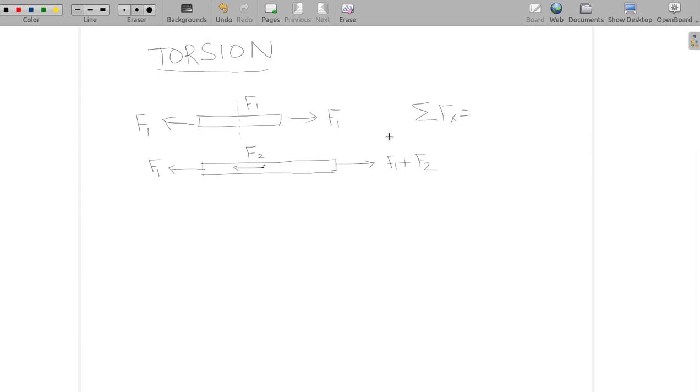What is the net force in x direction, or the horizontal direction, here? That is F1 minus F1, 0. And here, what is the net force in x direction? You have towards right F1 plus F2, and F2 towards left and F1 towards left. Sum is 0.